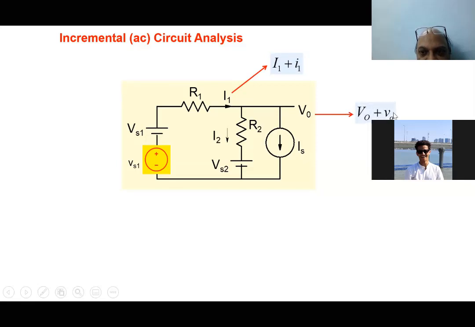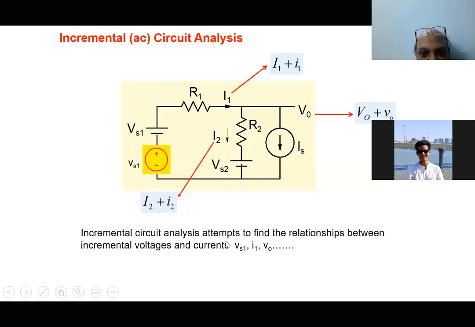This voltage here will change by a small amount, v0 here. This current here will also change to I2 plus i2 here, small i2 here. So incremental circuit analysis means we are looking for what is the relationship between the change in current i1, the change in output voltage v0, or the change in this current i2 to the change introduced in the source voltage here. So that's the relationship we are looking at.